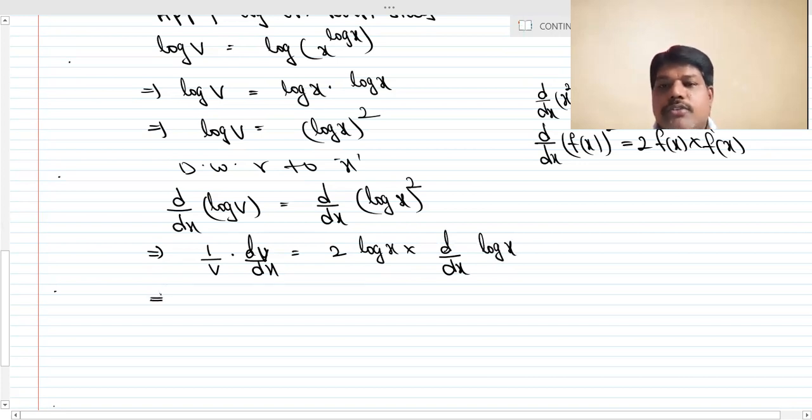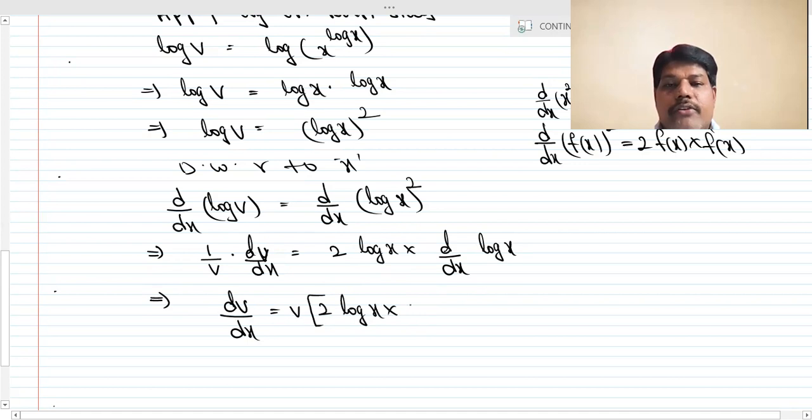So take this v to that side, students. What happens? dv by dx is equal to 2 into, take this v to this side, it will become v into 2 log x into log x derivative, which is nothing but 1 by x. Log x derivative is 1 by x.